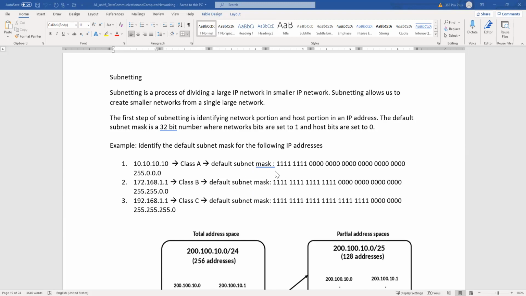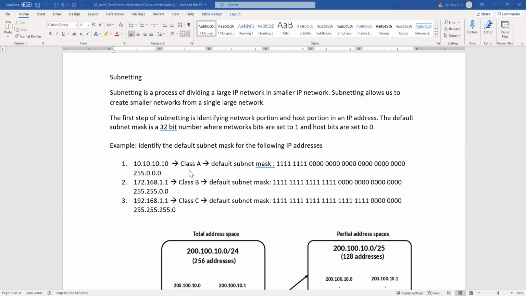The idea of the subnet mask is that we can say how many devices can be connected in one particular network. Usually you can connect a very large number of devices in class A, and a small number of devices in class C, because you have a network ID and a host ID.